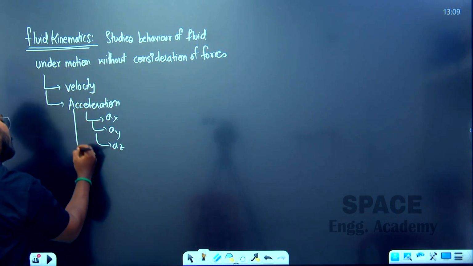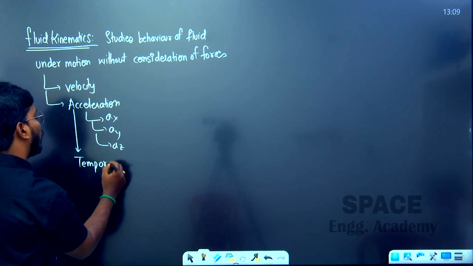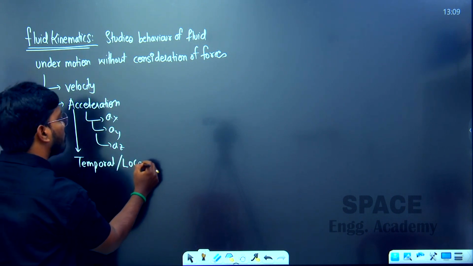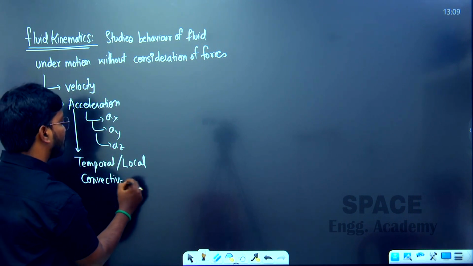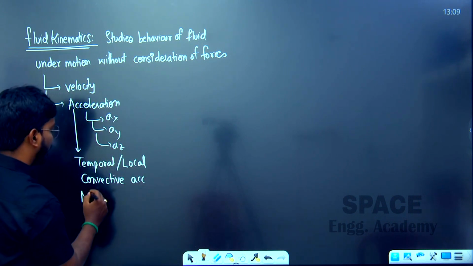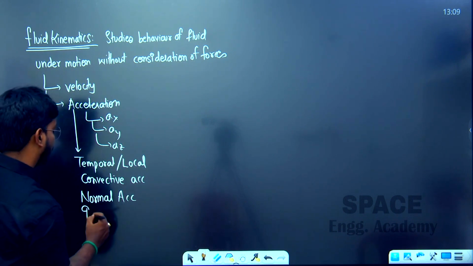Then in the acceleration concept itself, we will talk about temporal or local acceleration, convective acceleration, normal acceleration, tangential acceleration.